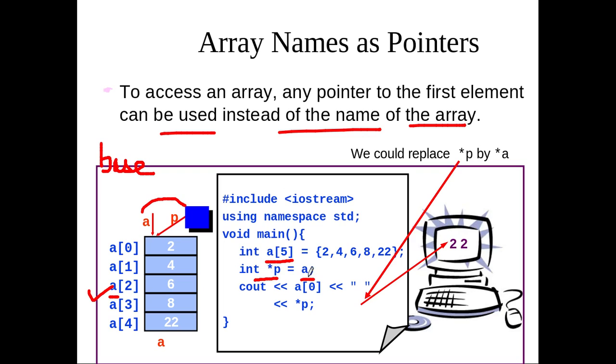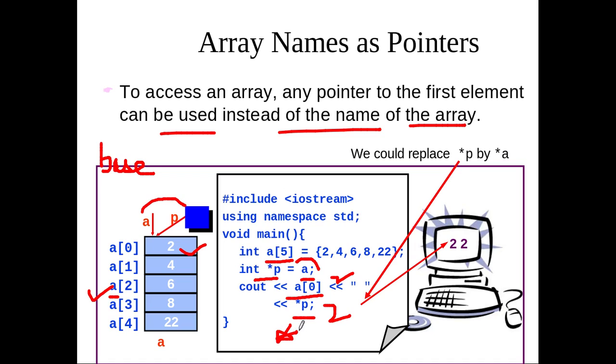So by this statement I am transferring that address to the variable p. Now if I write a[0], that will print the first location. If I write *p, that means the content of the location that is in p, and p contains the first address, so it will also print the value 2.